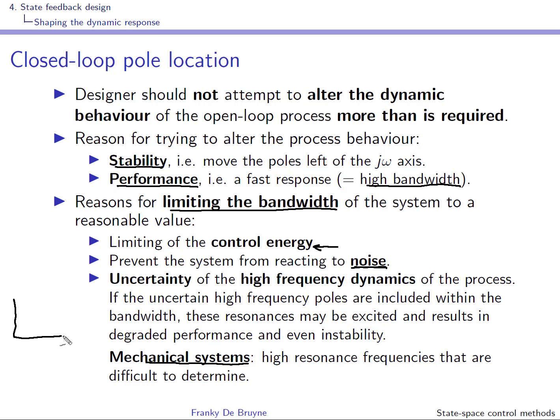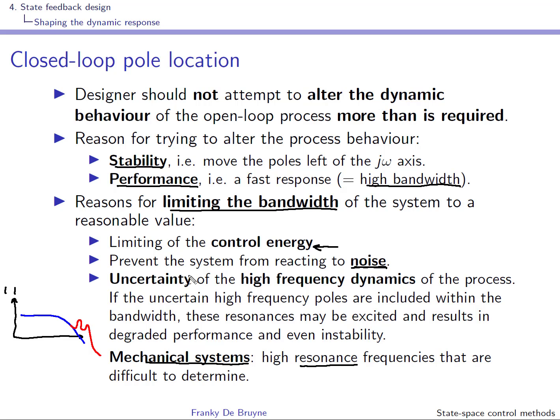Let's assume that this is the Bode diagram for the magnitude. It might look like this, but in reality there might be something happening in the high frequency ranges, in the sense that we were incapable of capturing the resonances.